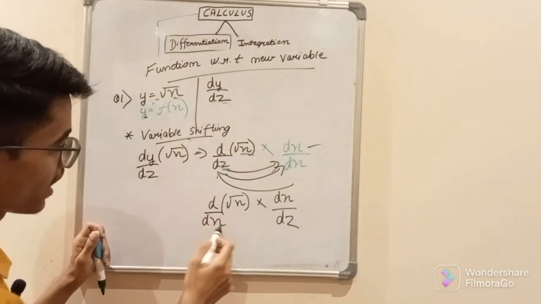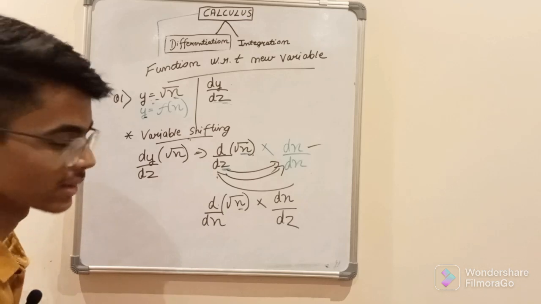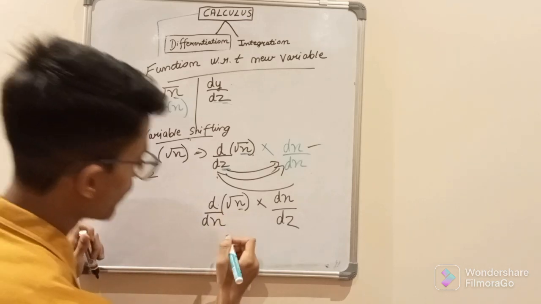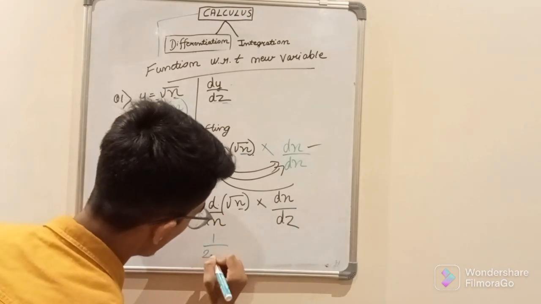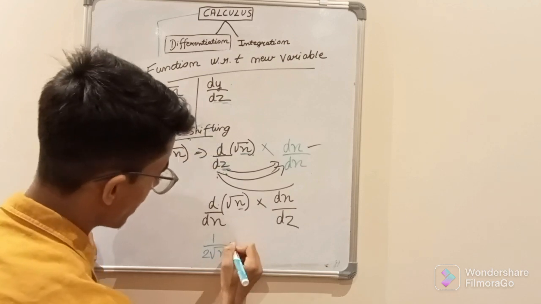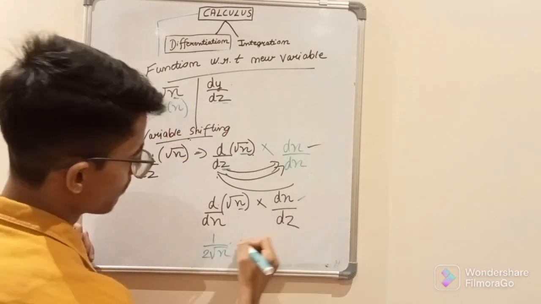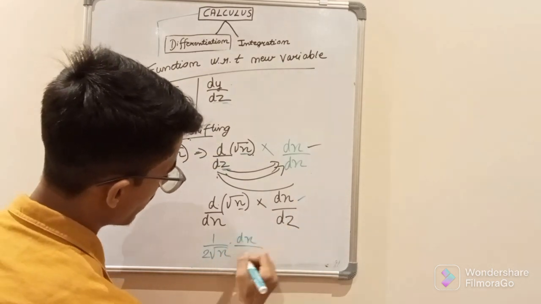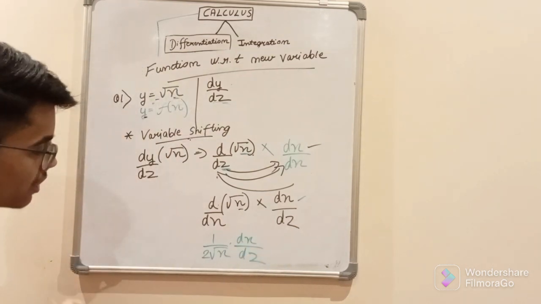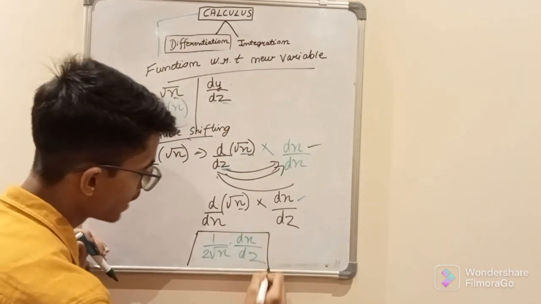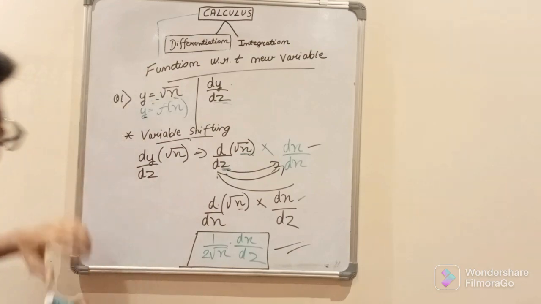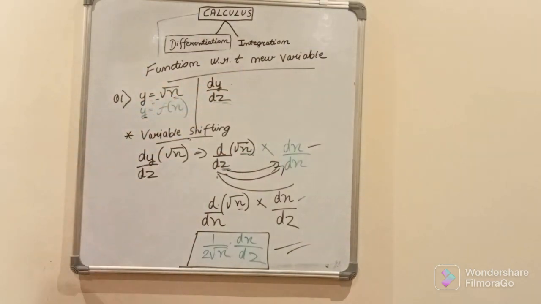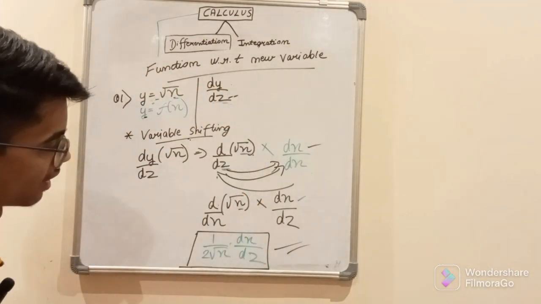So this is d upon dx with respect to x, and we know the differentiation of root x, that is 1 upon 2 root x, multiplied by dx upon dz. So this is the final answer for the case of a different variable or a new variable.